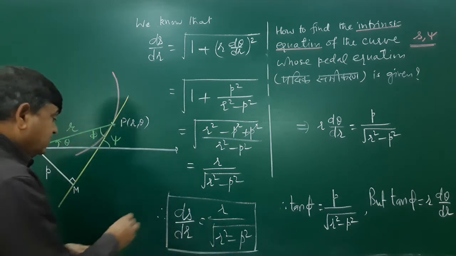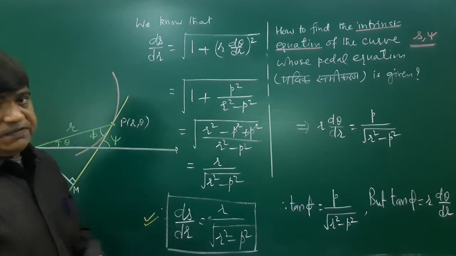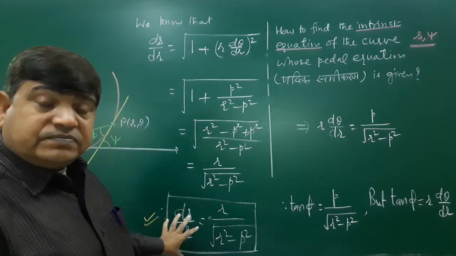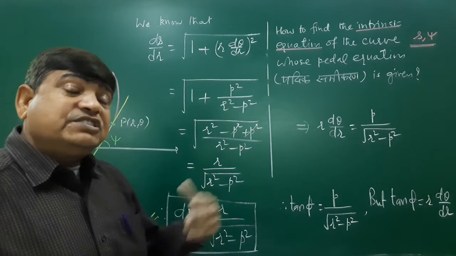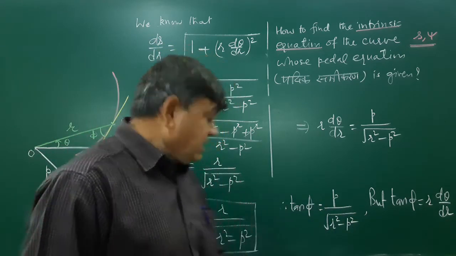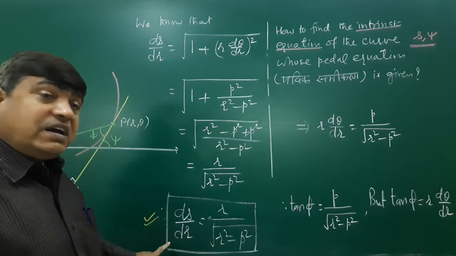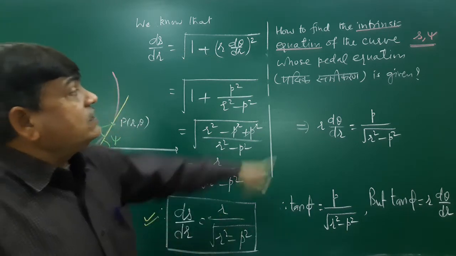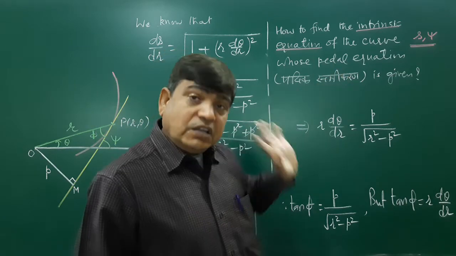So you remember this formula carefully. So this is the derivation. You have to remember, as usual as you have remembered ds by dx, ds by dy, ds by dt. This is ds by dr. We will use this formula when the pedal equation is given.